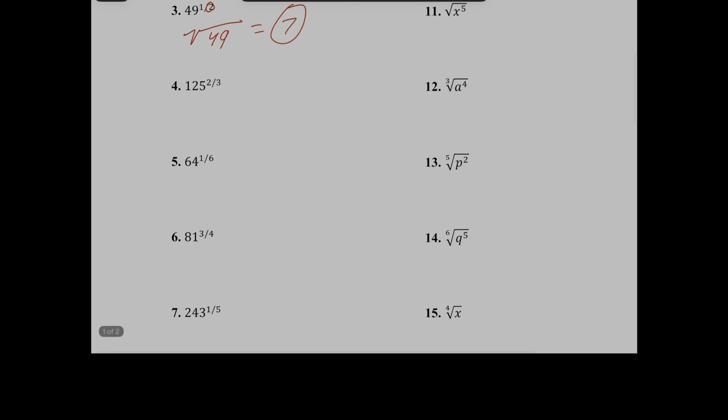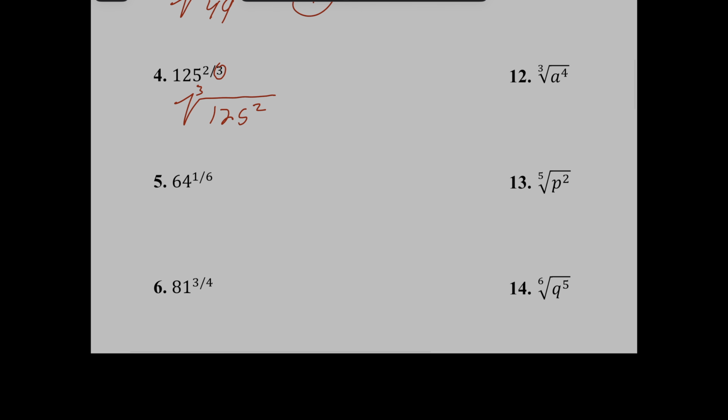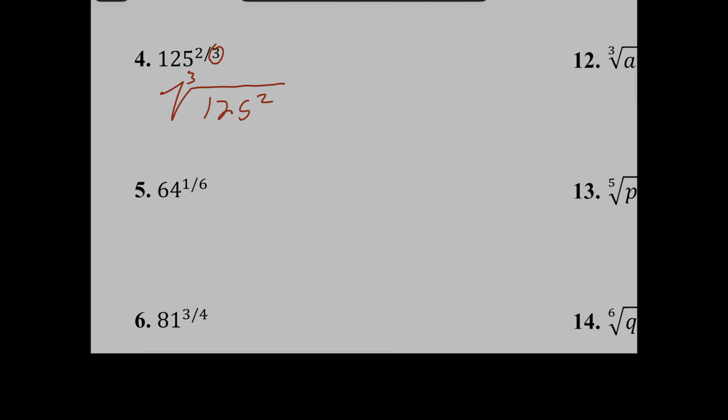How about this one? This one's a little bit nutty. I'm going to write the radical sign, but because the denominator is a 3, it has to be a cube root, and this is 125 squared. The best way to do this one is 125 times 125. I just wrote it twice, correct?